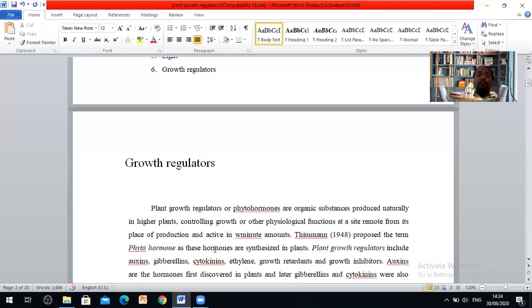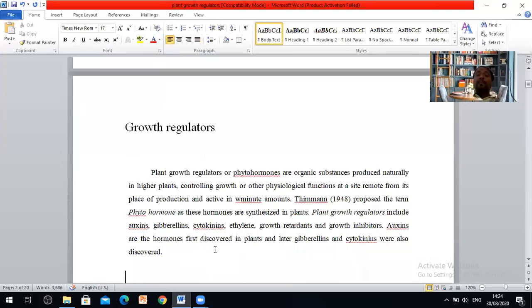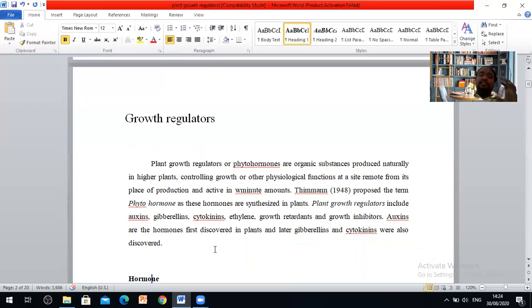Okay, so these are very active in very minute quantities, minute amounts. The scientist Thimann in 1948 proposed the term phytohormones, as these hormones are synthesized in the plant, and the plant growth regulators include the auxins, gibberellins, cytokinins, ethylene, and abscisic acid.